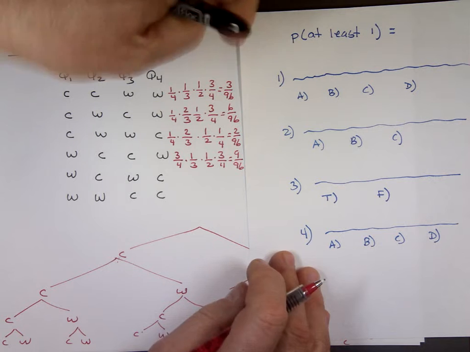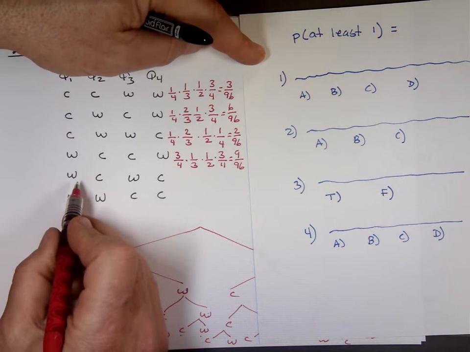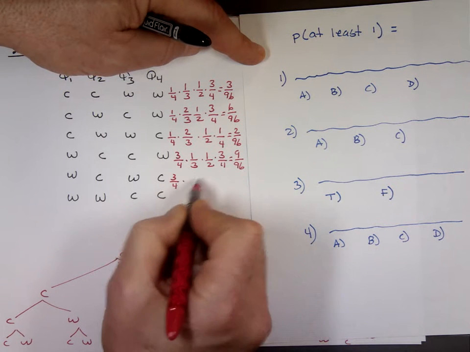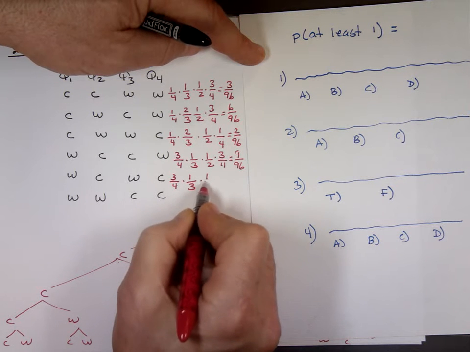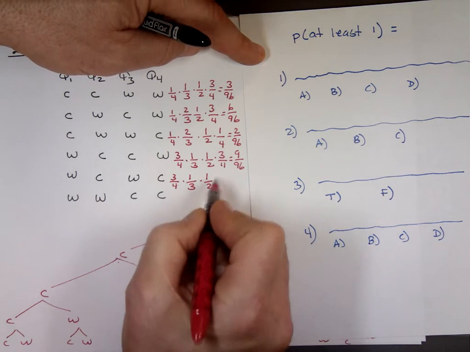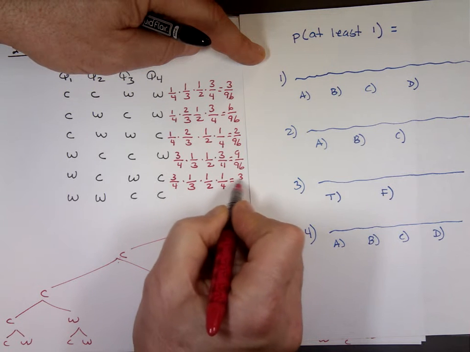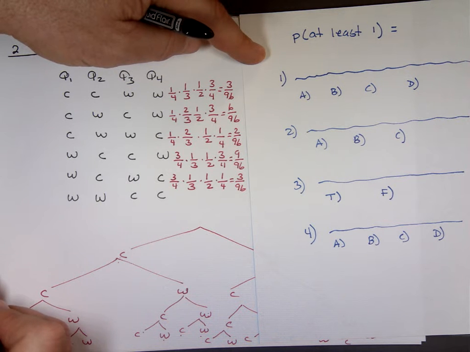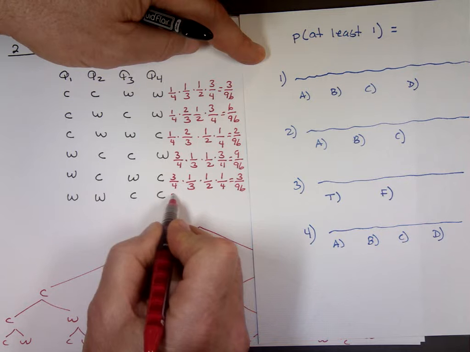2 more. We're making progress. Here we go. First one is wrong. Second one is correct, 1 out of 3. Next one is wrong, 1 out of 2. The last one is correct, 1 out of 4. 3 out of 96. Then the last one. The first one is wrong, 3 out of 4.